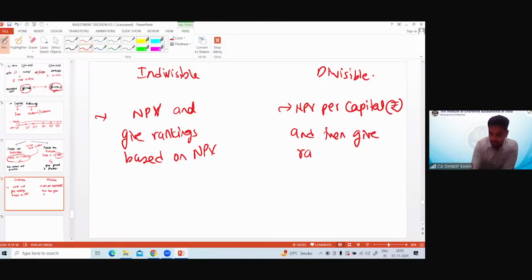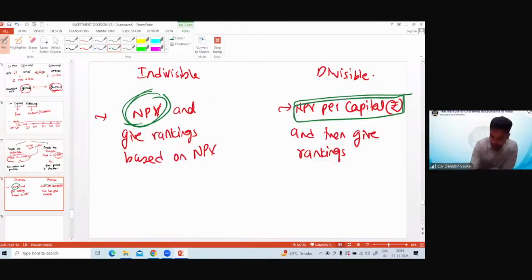We will take an illustration and we will solve this so that you get better clarity. Here you just need to calculate simple NPV and based on that give rankings. Here you have to calculate NPV per rupee of investment. NPV per rupee of capital invested in the project and then you need to give rankings. This is what this method says.